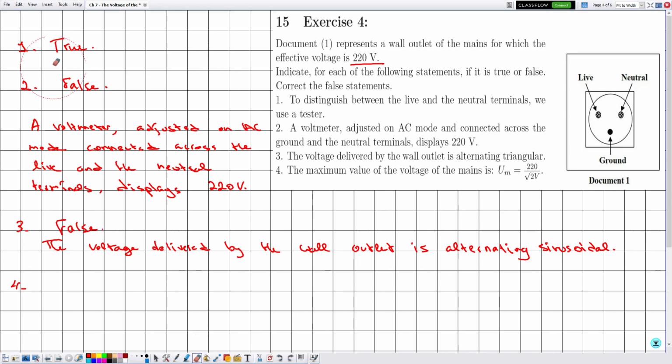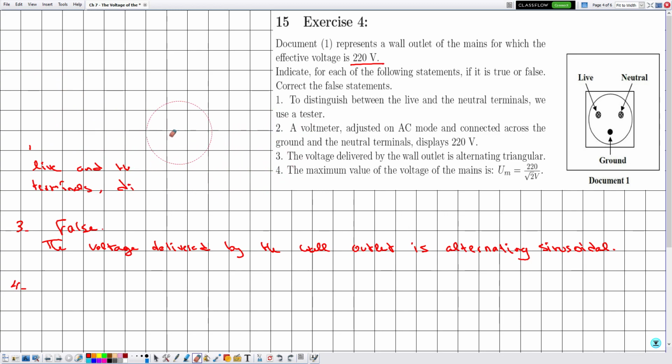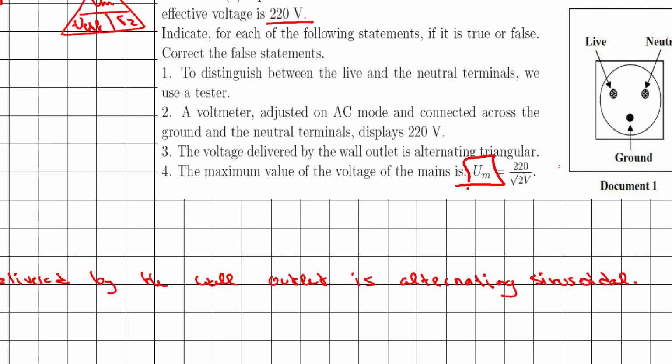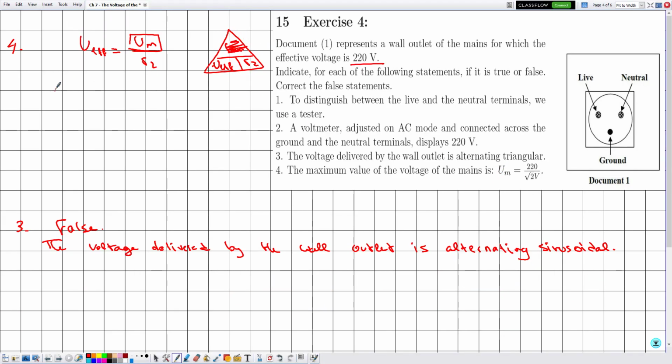Let me make some space above. So we know that the effective voltage is equal to UM divided by square root of 2, and we are interested in determining UM. Then constructing the triangle here, because we have divide, then U effective will be at the bottom, UM here, and square root 2. We are interested in determining UM, so covering UM, then UM is given by U effective multiplied by square root of 2, and we know that the value of the effective voltage is given by 220.